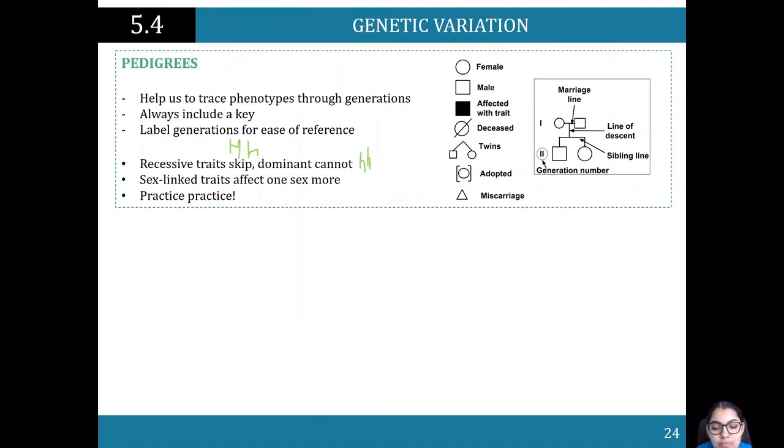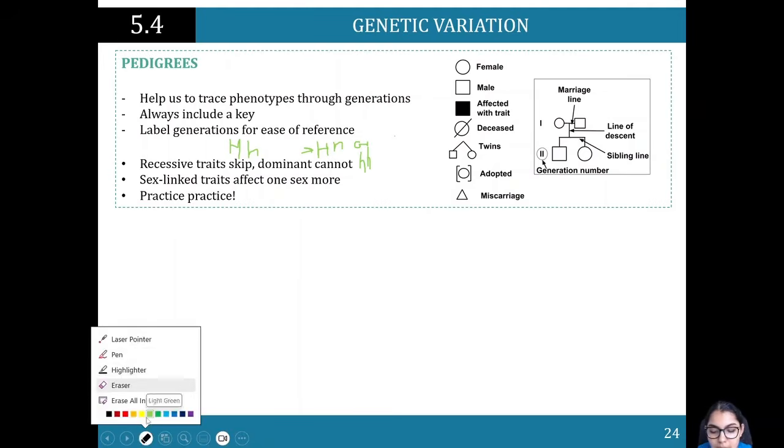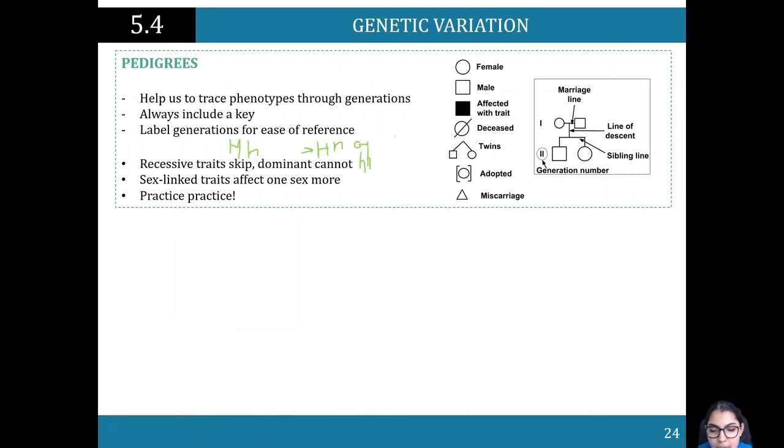If it is dominant, in the case of dominance, it could be either h with a capital H, or it can be both capital letters.